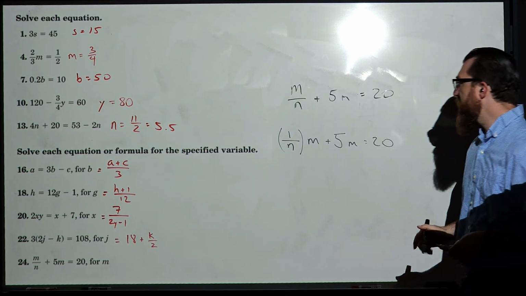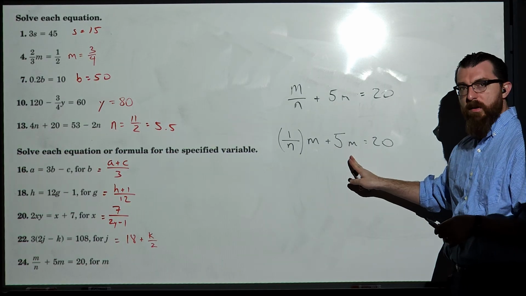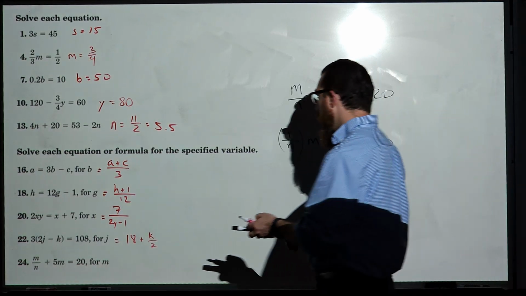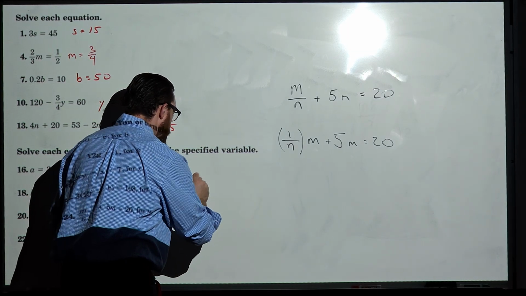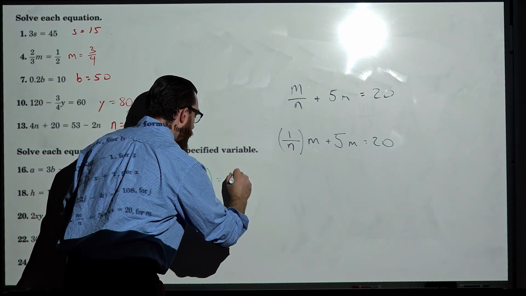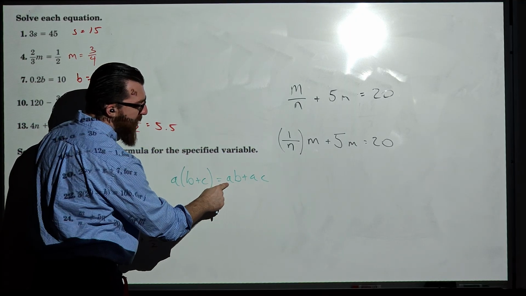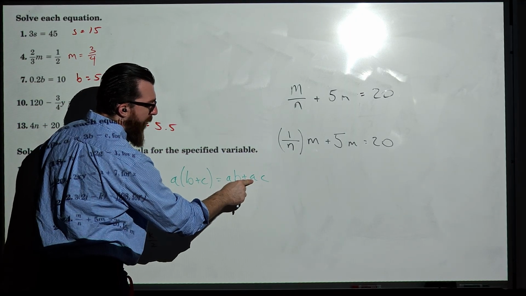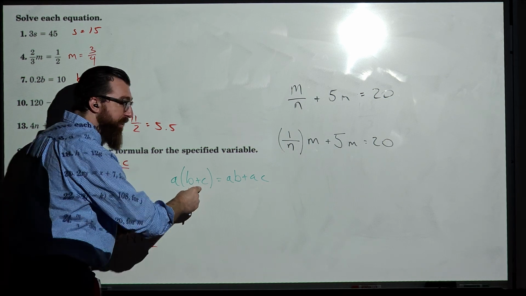Now, if you will notice, this is a number of m's, and this is a number of m's, which means we are talking about this rule again. When you have some number of a's and some number of a's, you can take out that common factor, and there's your sum.